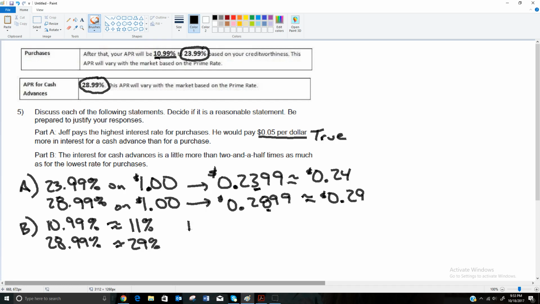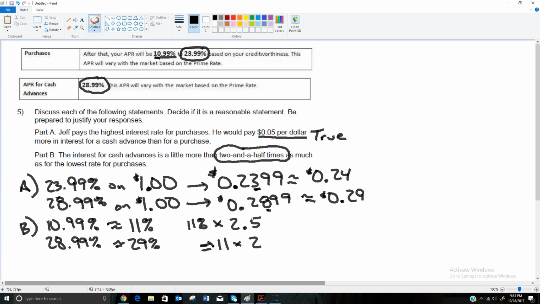So if we take 11% and it's saying it's 2.5 times as much, let's see what 11 times 2.5 is. Well, 11 one time would be 11. 11 two times, okay, so 11 times 2, and I shouldn't put equals here.